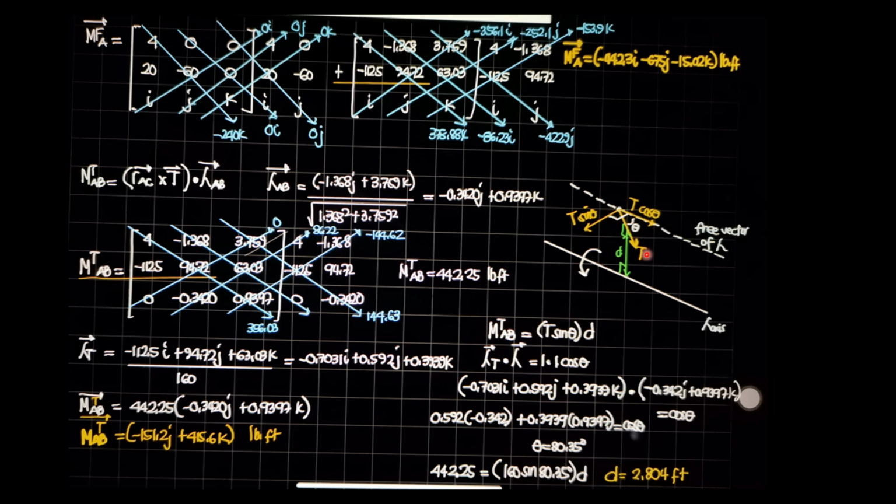You can also replace this tensile force by the unit vector of this tensile force. Then remember that the angle between two vectors can be determined by dot product.